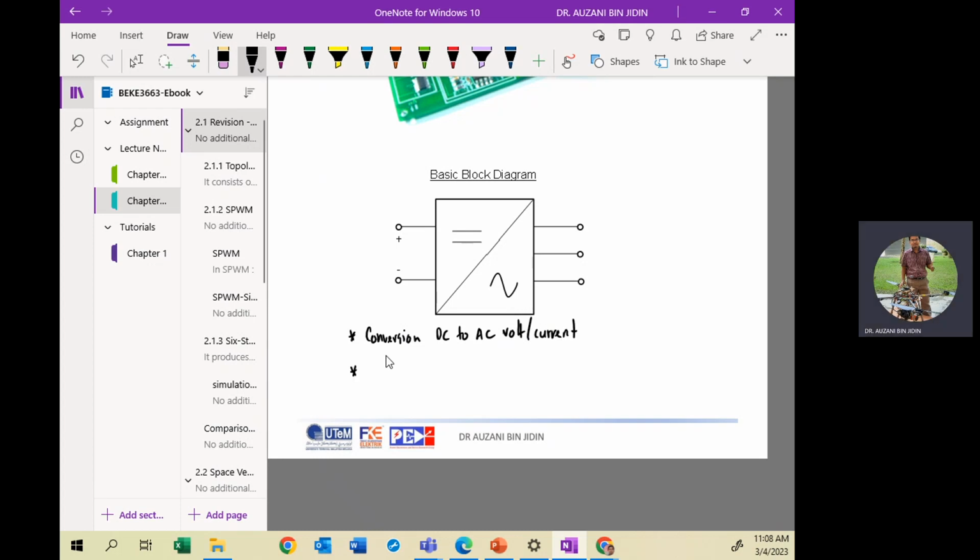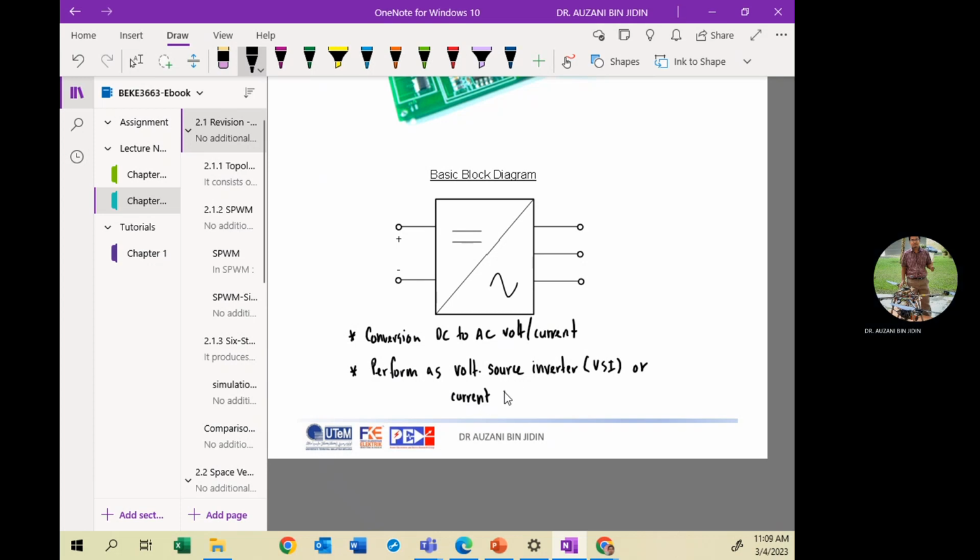The inverter can be operated or performed as a voltage source inverter, the short form is VSI, or a current source inverter, and the short form is CSI.